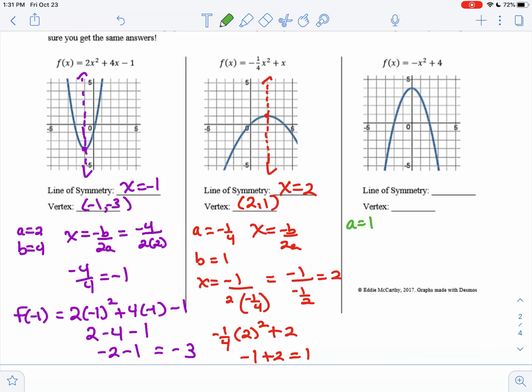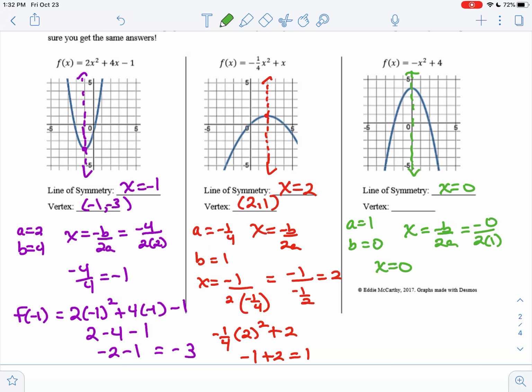Just to practice, let's try our a this time is -1. Notice the graph's upside down. B is actually 0. So when we do x equals negative b over 2a, we have -0 over 2 times 1, or 0.